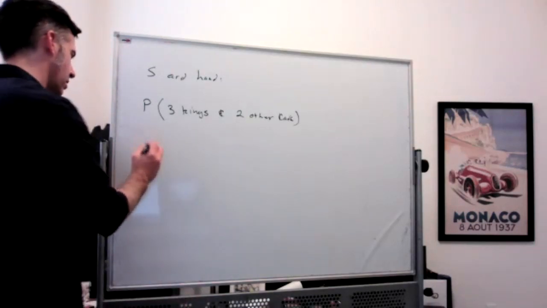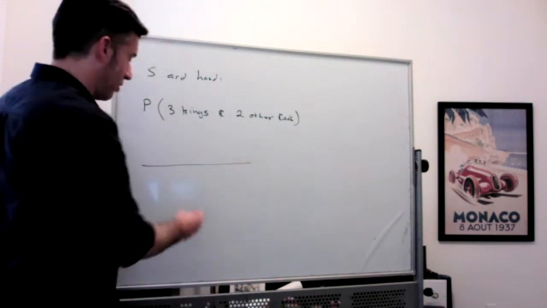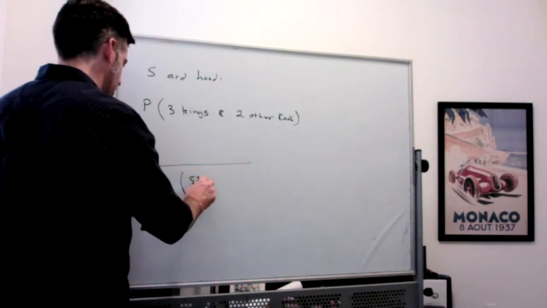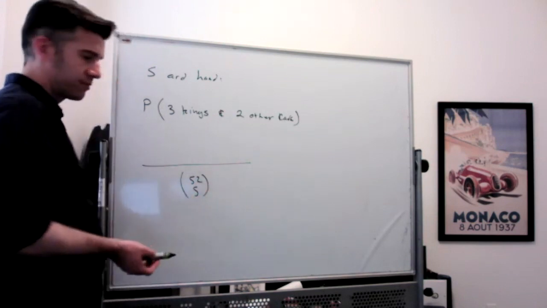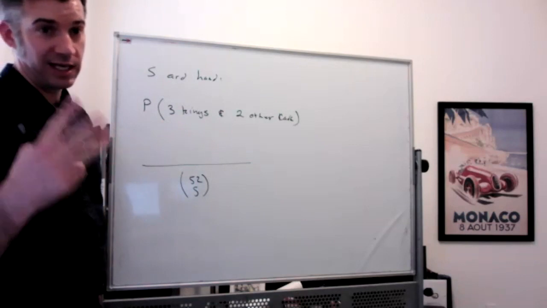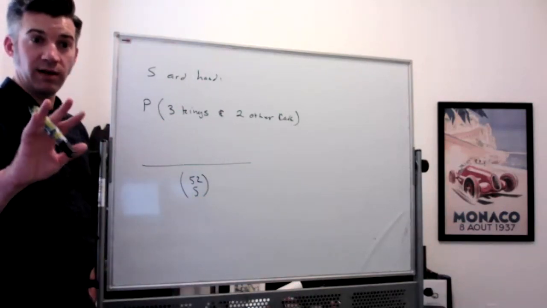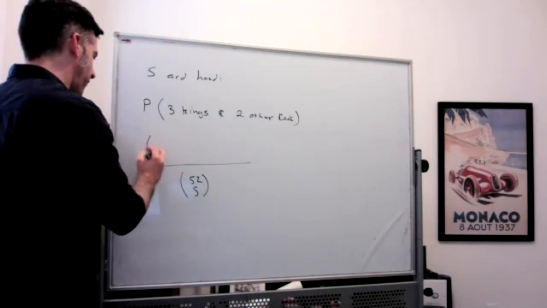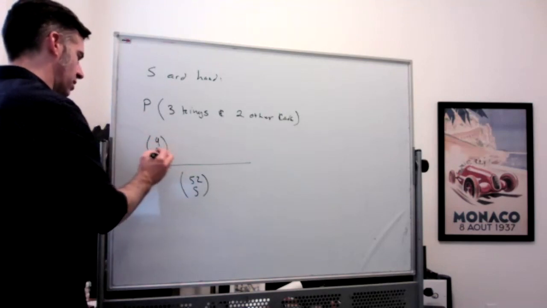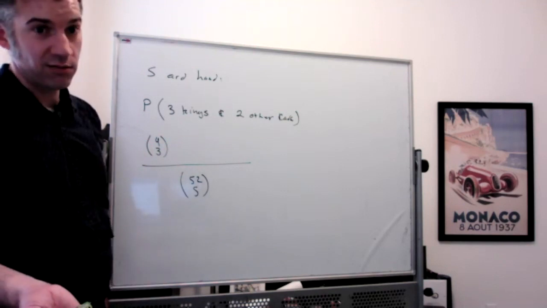Well, whenever you're talking about a 5-card hand, you're always dividing by 52 choose 5. So how many ways can I get 3 kings? Well, there's 4 kings to choose from, and I'm choosing 3 of them. There are 4 choose 3 ways of getting 3 kings, which is just 4, right?